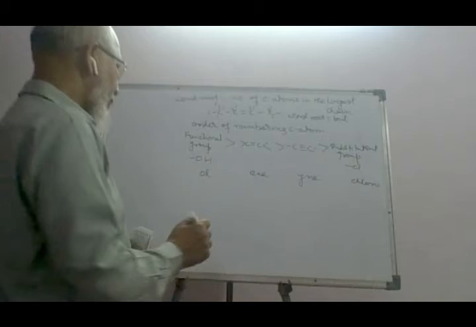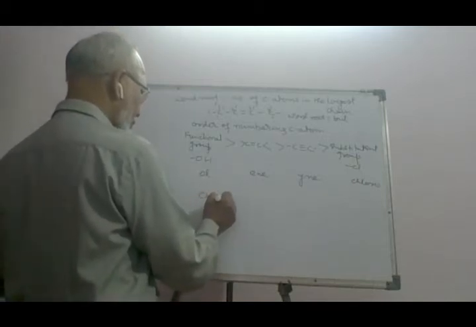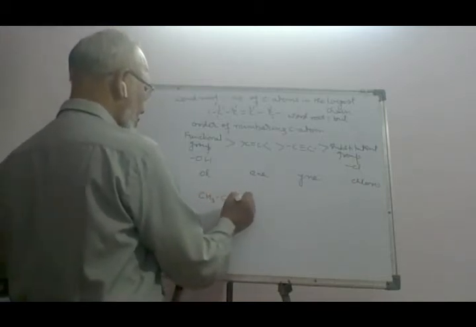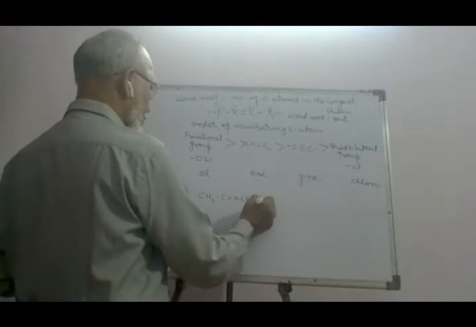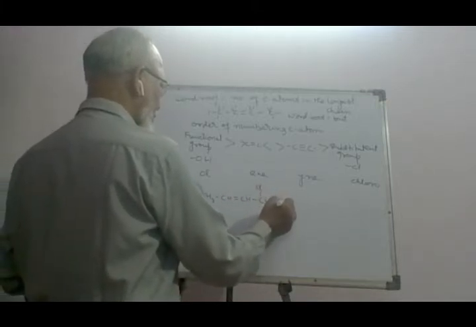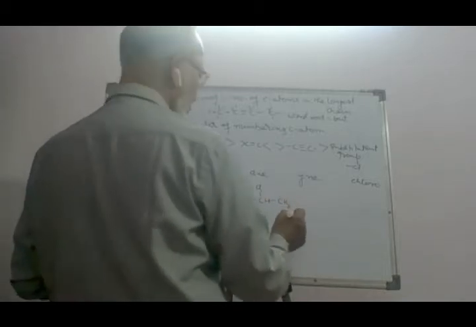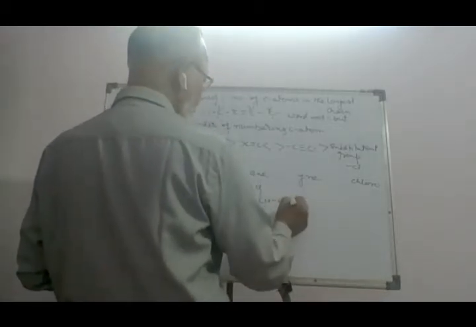Now take some example. CH3, CH, double bond CH, CHCl, CH2, CH2, C2H5.